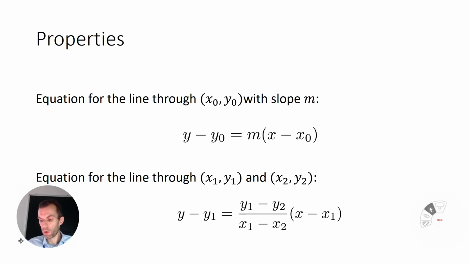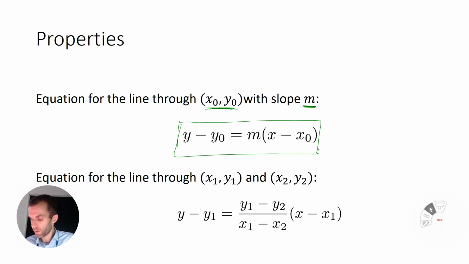So now two important formulas, and I'm not going to do any examples because the previous slide was sort of an example on that. In general, if you are given a single point and the slope, then your equation for your line is going to look like this. You take y minus the y-coordinate of that point equal to the slope times x minus the x-coordinate that you're given.